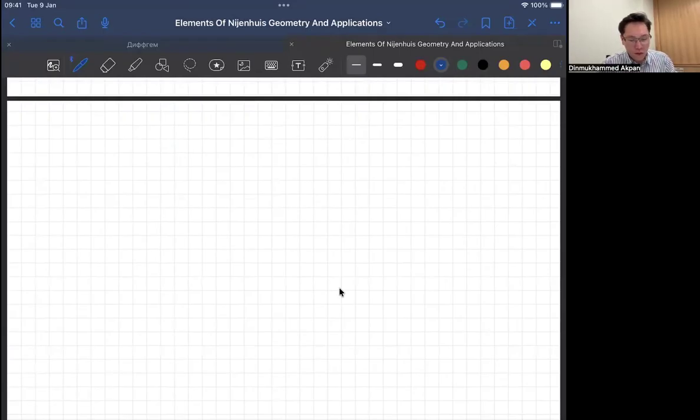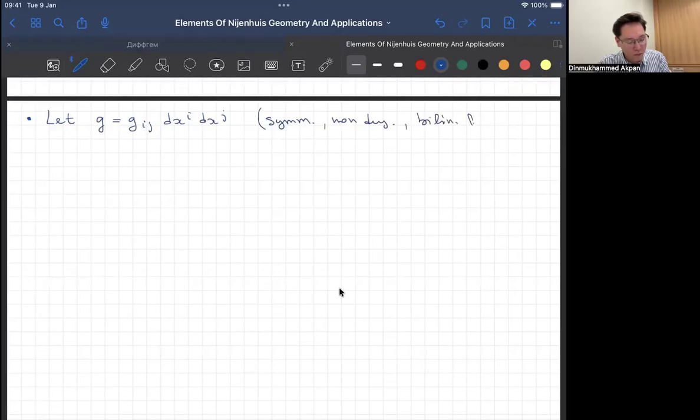So the first example that you already know: let g be a metric, so it's a symmetric non-degenerate bilinear form, or tensor of type (0,2).